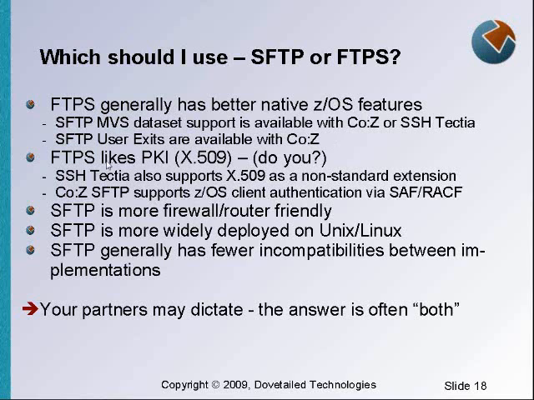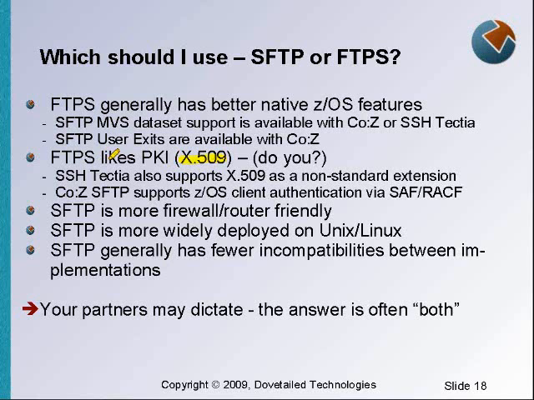FTPS, I'll mention, likes to use certificates. So if you're in an environment where you really like X509 PKI, FTPS is the mechanism it uses for doing all these keys and certificates. SSH Tectia is quite interesting.